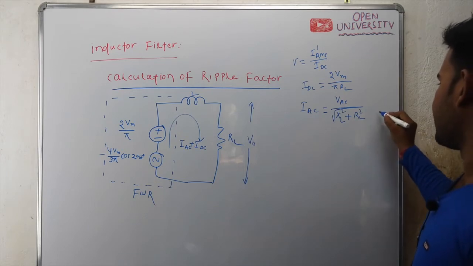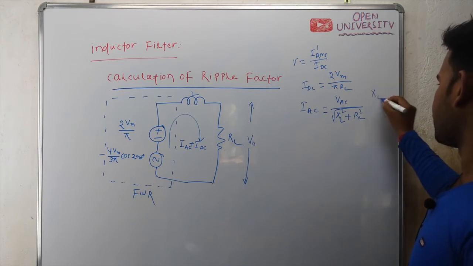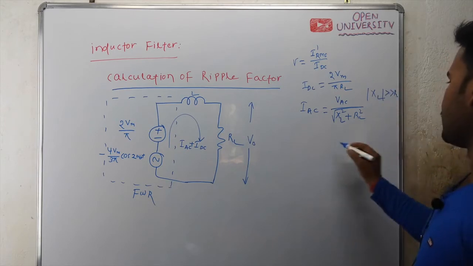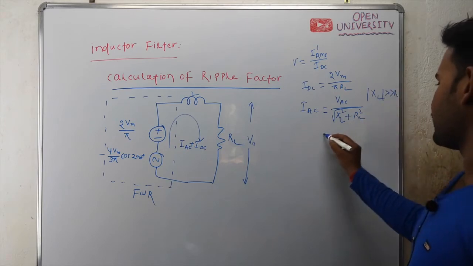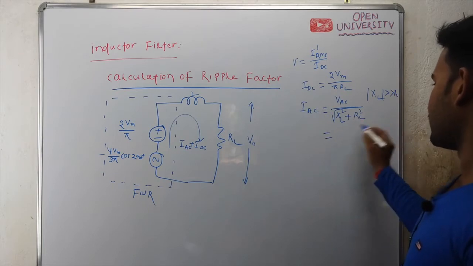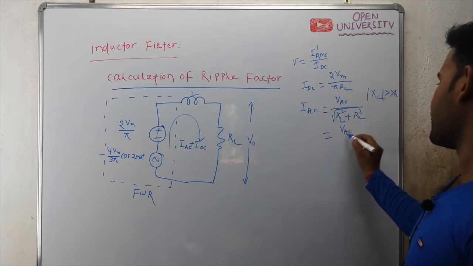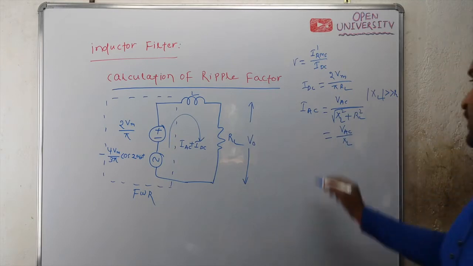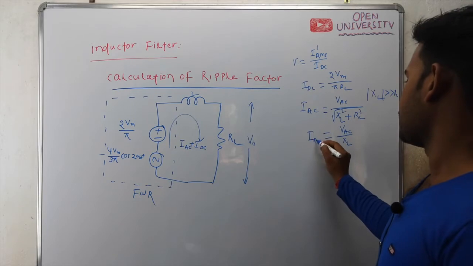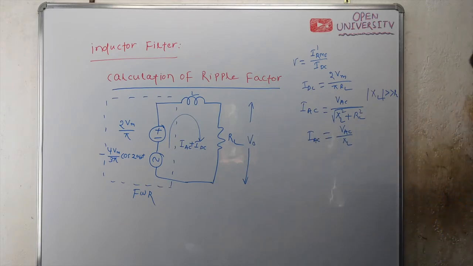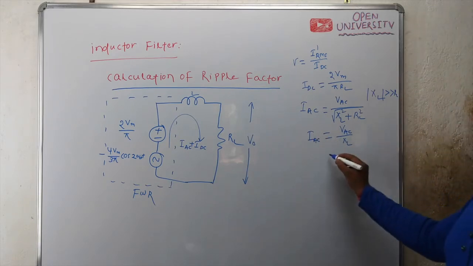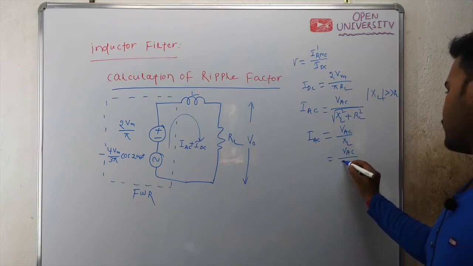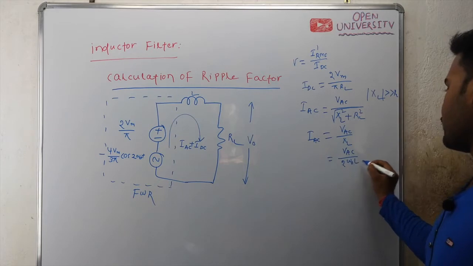We know the condition for the inductor is that the magnitude of XL must be much greater than RL. If XL is much greater than RL, then you can neglect RL, and it will be VAC by XL. IAC will be VAC by XL, where XL is 2ω₀L.